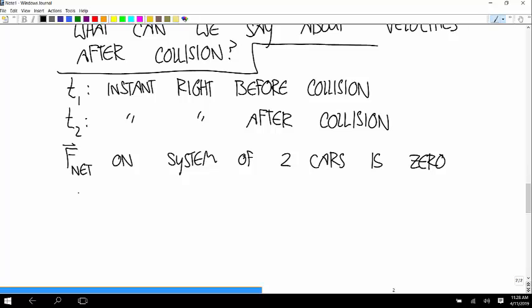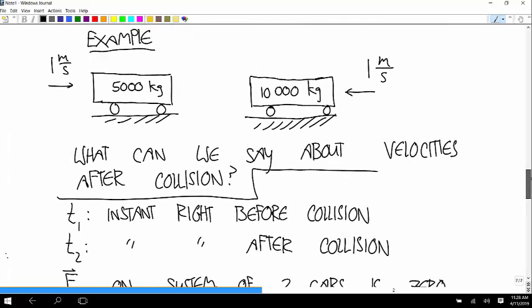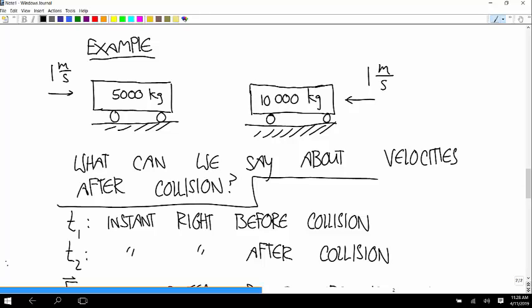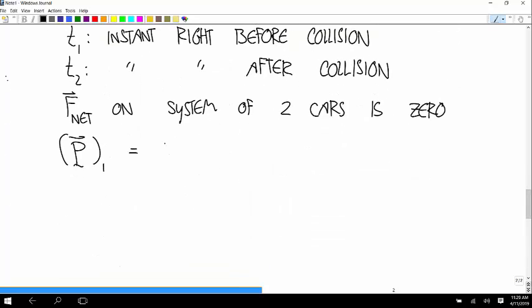And so we'll calculate the linear momentum before the collision. The left cart has a mass of 5,000 kilograms and a velocity vector in the positive x direction, so 1, 0, right? So 5,000 kilograms times 1, 0.